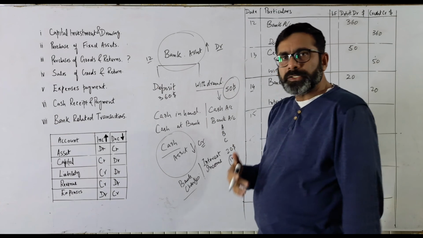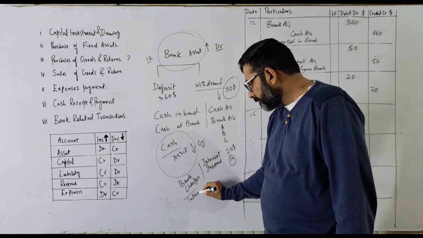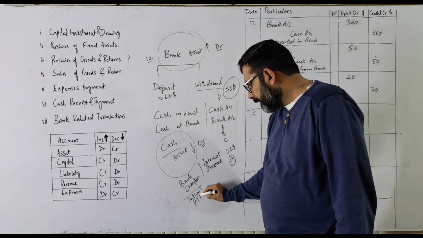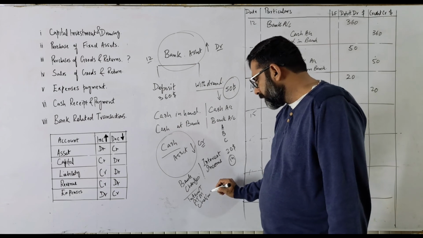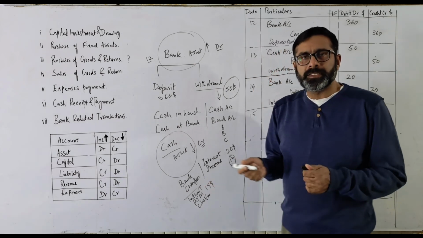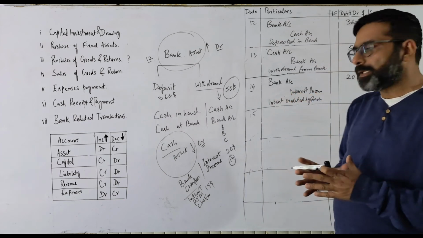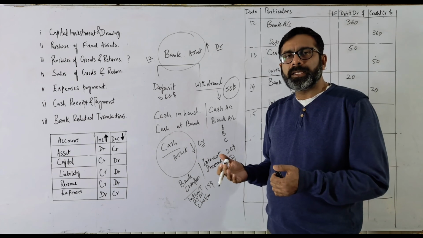Sometimes the bank is charging you some amount. Why? It may be interest, it may be ATM charges, it may be checkbook charges. So let's say the bank is charging you $15. For any reason, that is an expense for the business. But what is happening? The cash in bank is reducing.